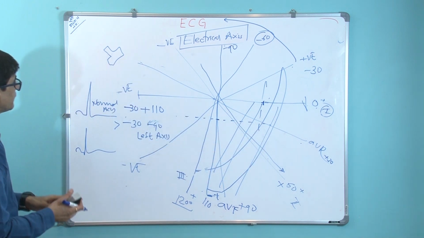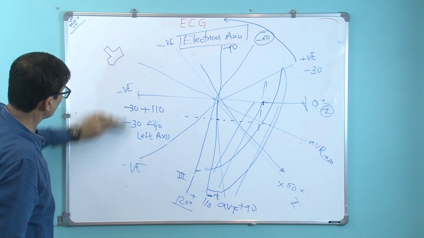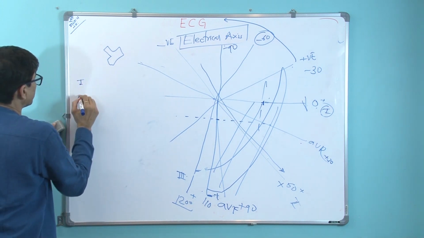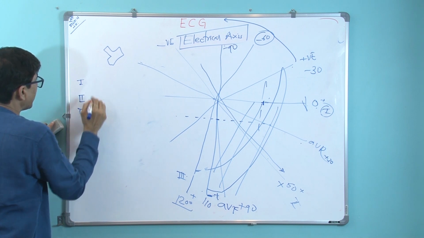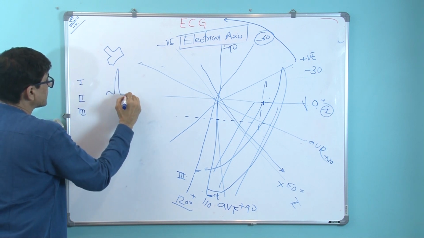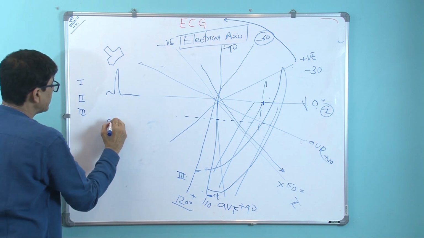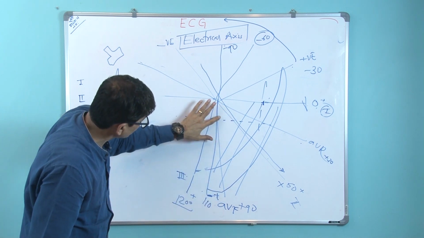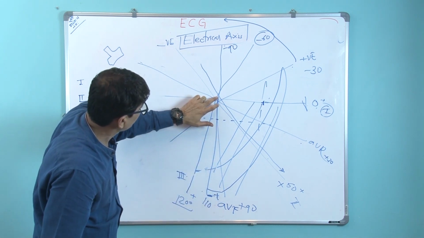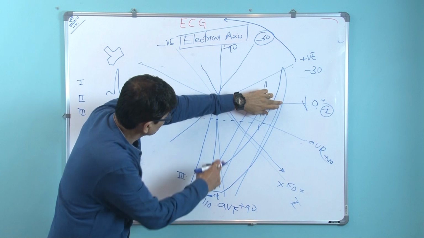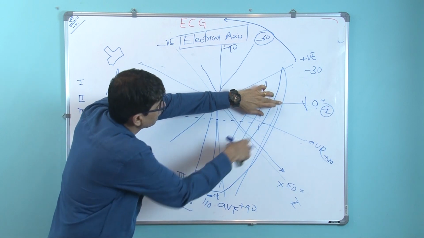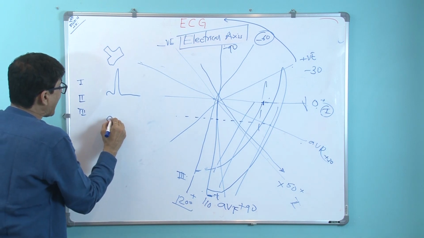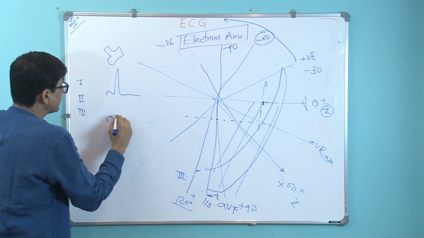Now calculation is very easy. I took two perpendicular leads, first, second, third. I am taking first. First is suppose showing positive deflection, third is also showing positive deflection. So third positive will slide on this, first will slide on this. So the axis is between these two, so it will be normal. Suppose first is positive and third is negative.